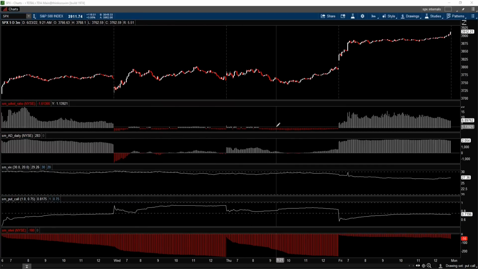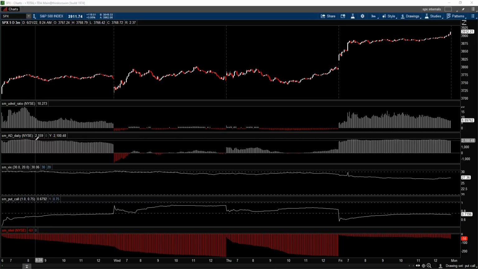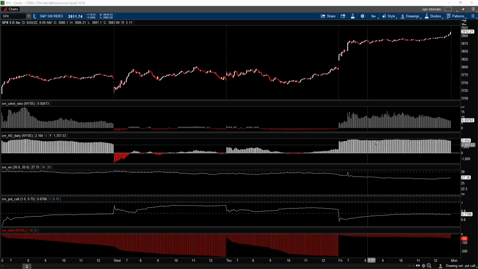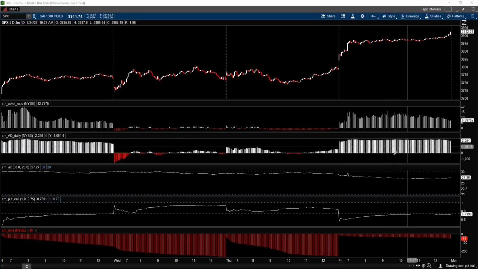So it's pretty much neutral, basically plus or minus 1.5 to 1 throughout the day. But the other thing to notice is the advance-decline. On Tuesday, we actually had broad market participation on the upside with over 2,000 more advancing issues than declining issues. Similarly, on Friday, we also had a broad market advance to push the market higher.